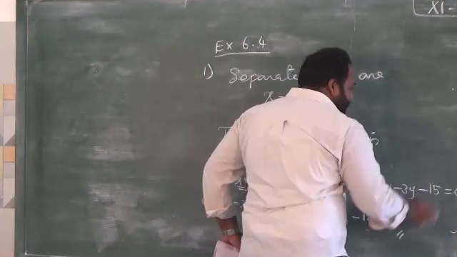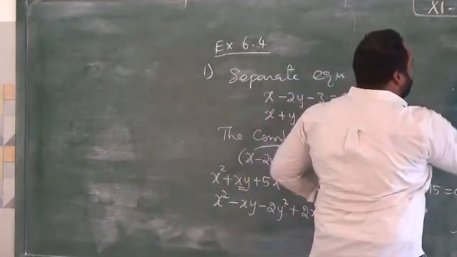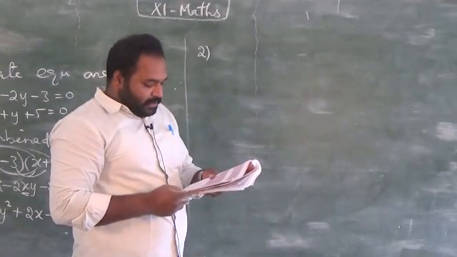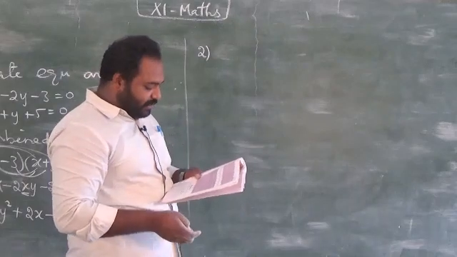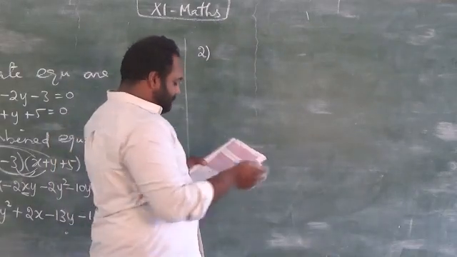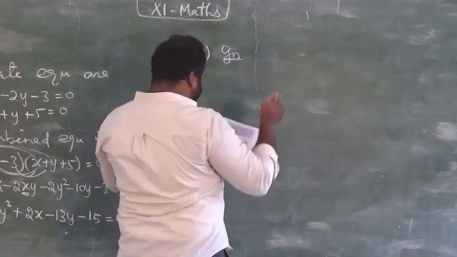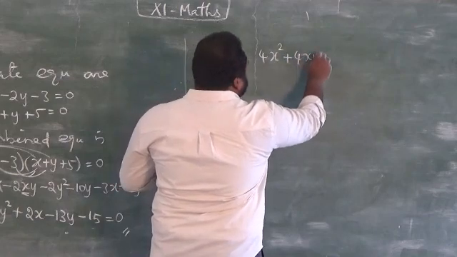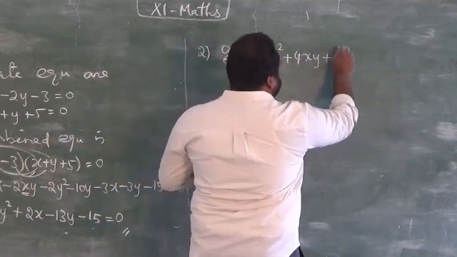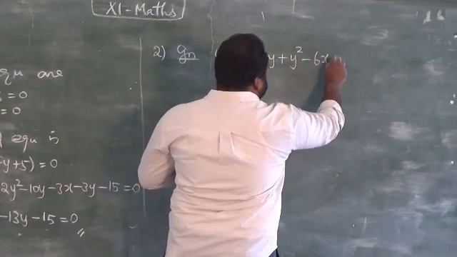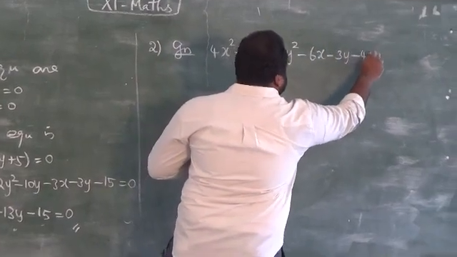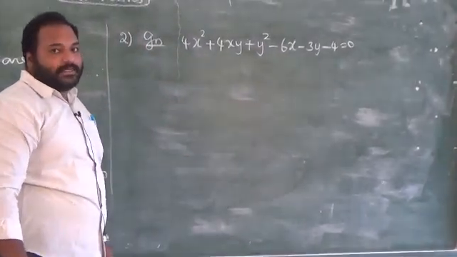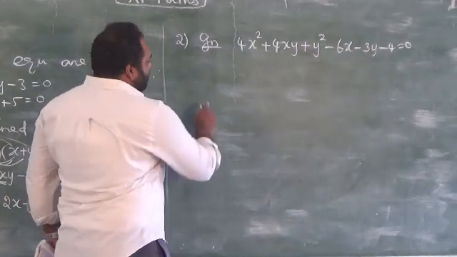Second question is, show that the given equation 4x square plus 4xy plus y square minus 6x minus 3y minus 4 equal to 0 represents a pair of parallel lines.